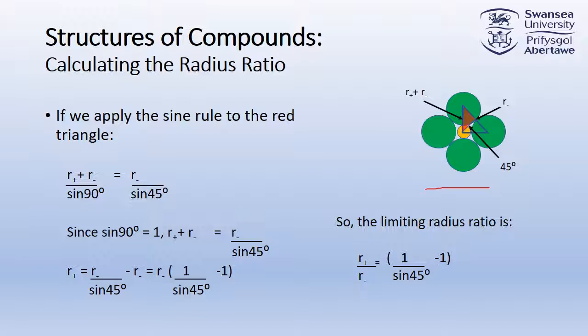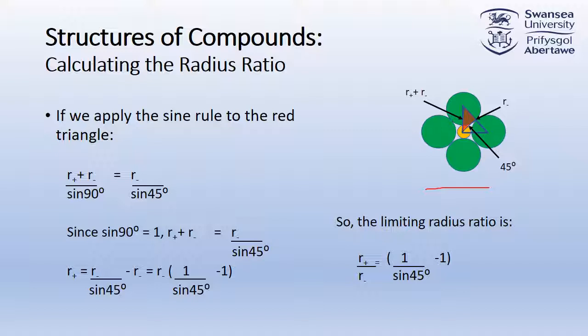Since sine 90 equals 1, our sum of radii equals the radius of our anion over sine 45. You're following that? And then basically the radius of our cation equals the radius of our anion over sine 45 minus the radius of our anion. That's also equal to the radius of the anion times 1 over sine 45 minus 1.